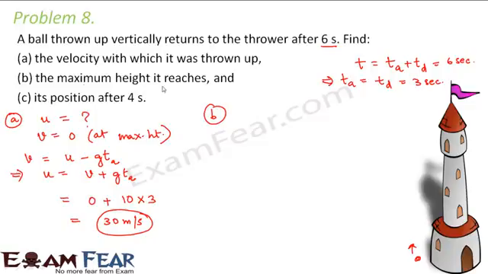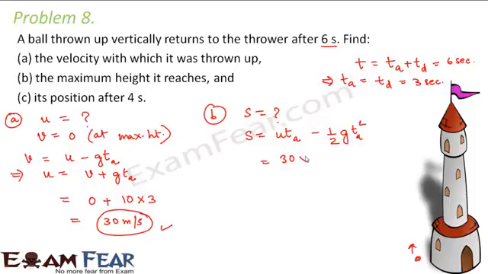Now the next part, the maximum height it reaches. So that means we have to again calculate the total displacement or the total distance that it will cover. So we will make use of the second equation, that is S is equal to u ta minus half g ta square. So ut minus half gt square. So this will be equal to, what is u? u we have just now calculated as 30 meter per second.